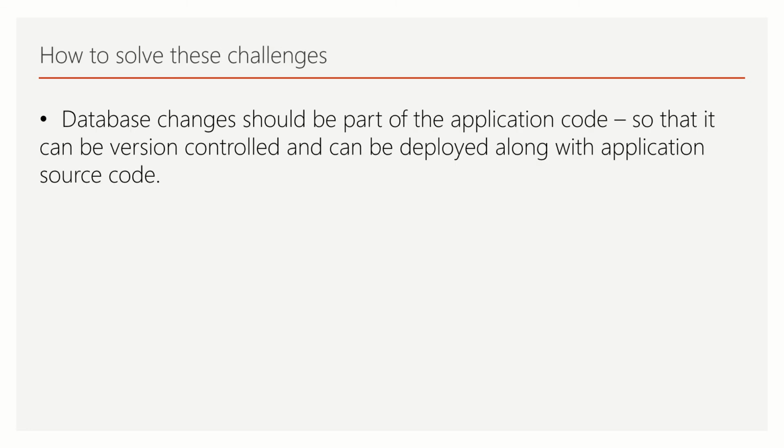So how are we solving it? We are keeping the database changes as part of the application code, and it can be version controlled and deployed along with the application source code. How are we doing it?